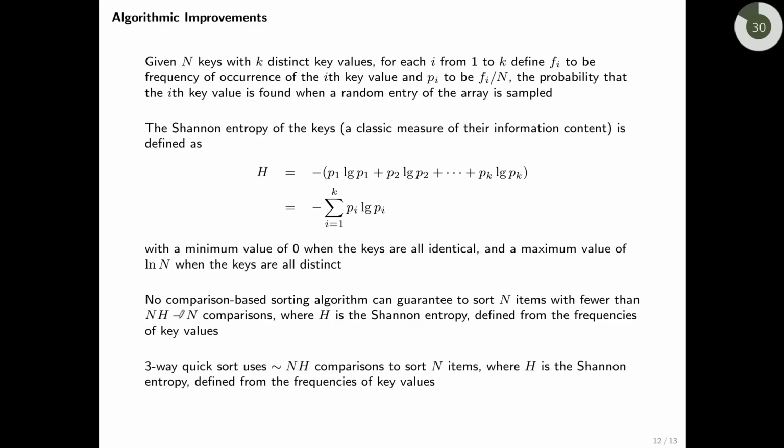Now, the three-way quicksort algorithm that we just discussed, as a modification and an improvement over the standard quicksort algorithm, uses approximately n times H comparisons to sort an array of n items, where H is given by this formula, that's the Shannon's entropy.